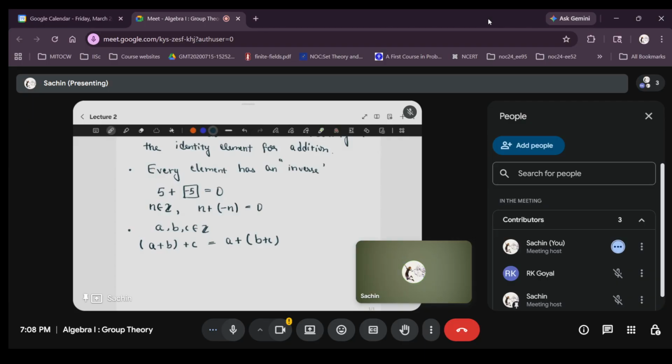So you can write the expression a plus b plus c, the sum of three integers. Plus is only a binary operation, so it operates only on two integers. But you can write a plus b plus c unambiguously for three integers, because regardless of the order in which you carry out the operation, you'll get the same result.